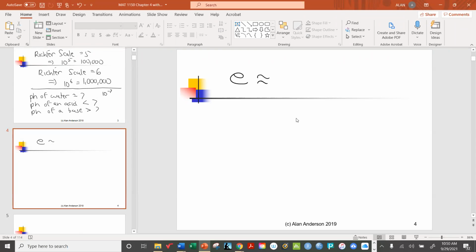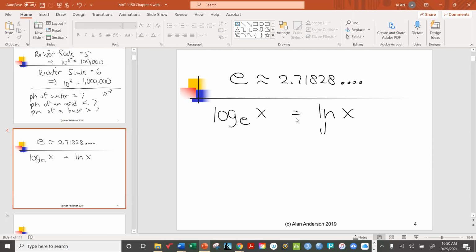The number e is approximately equal to 2.71828. And you can see it goes on forever. It is an irrational number. And so log to base e is written as ln for natural log.